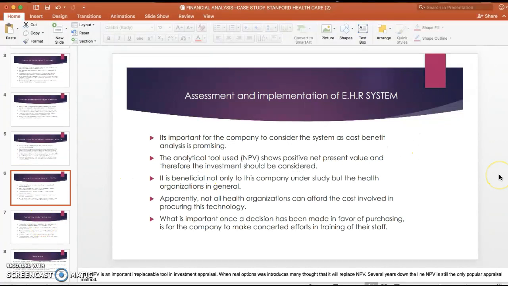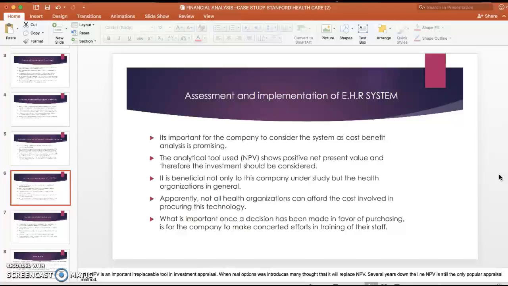Assessment and implementation of EHR system. It is important for the company to consider the system as cost-benefit analysis is promising. The analytical tool used, NPV, shows positive net present value and therefore the investment should be considered.